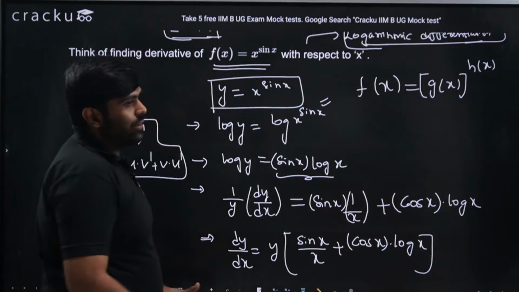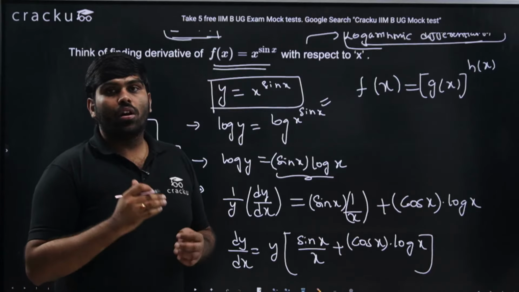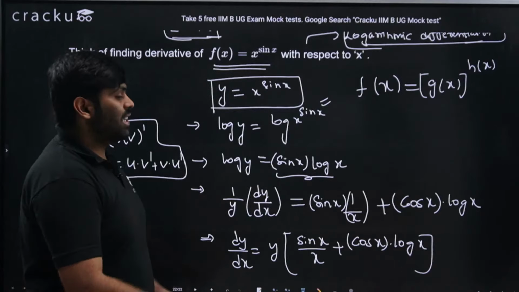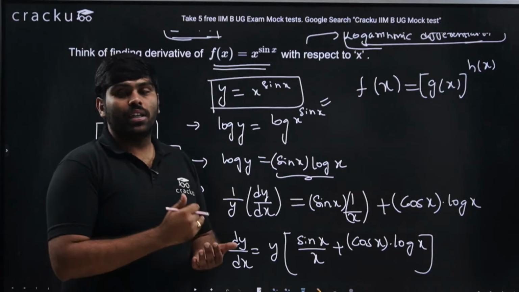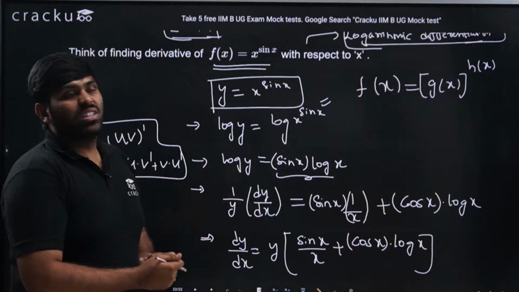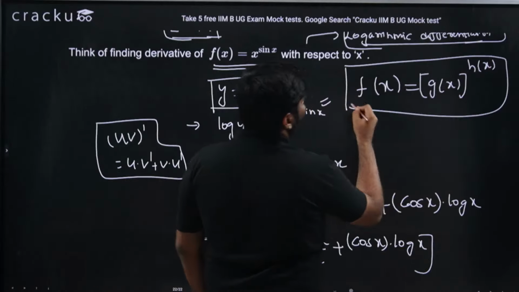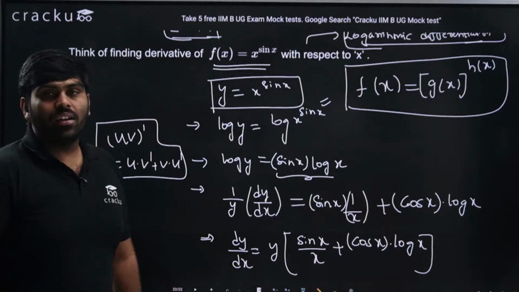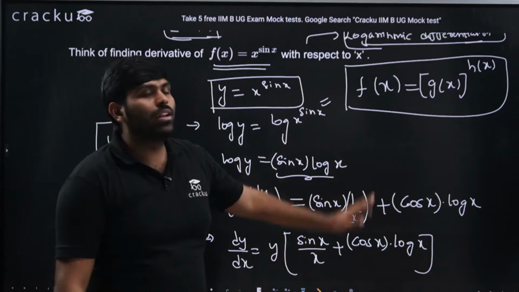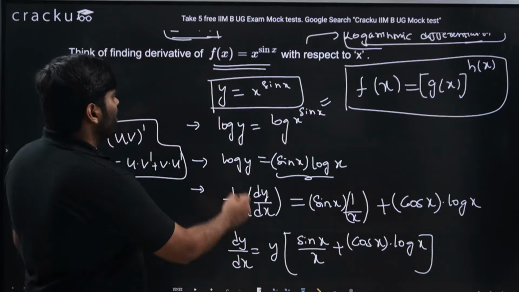So when the function f of x is given in the terms of g of x power h of x, that is some term in x power a term which is in x, if you see this kind of power anywhere when you are differentiating, immediately apply log on both sides and write it in this way.